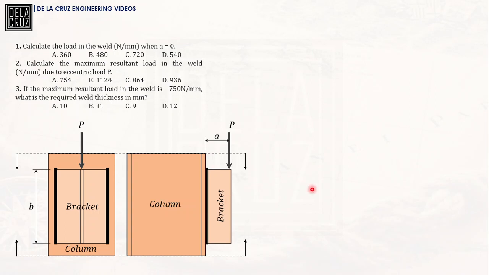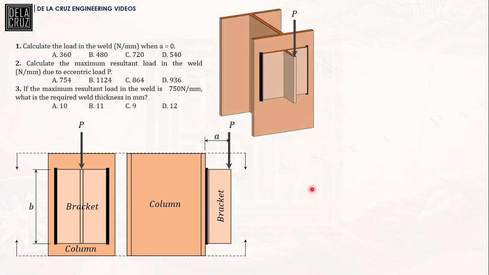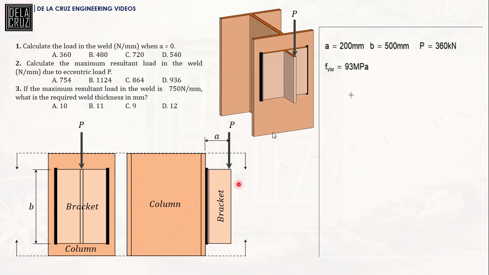By the way, this is our three-dimensional view of this column, since you cannot imagine this well here. This is supposed to be our front view of this column, we have the bracket in this figure, and this is the side view. Again, we'll be using the MathCAD software here, like a live solution.